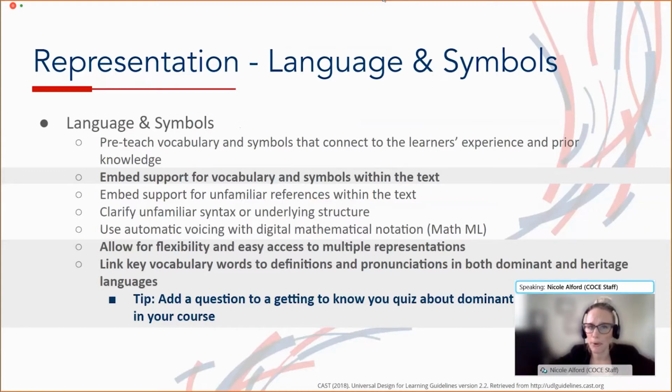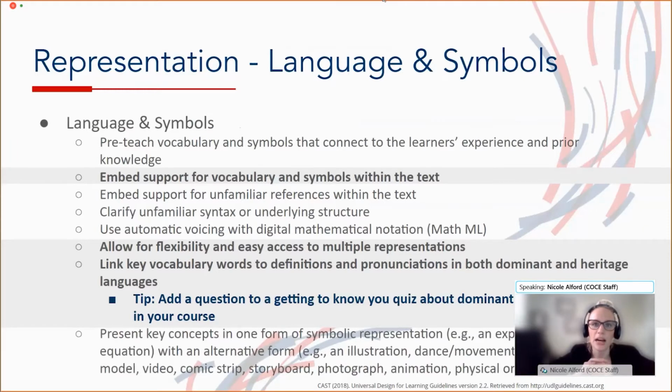Also, Michelle Pacansky-Brock has a really great getting to know you survey. You can ask students about their dominant languages and say, what are you most comfortable in? And then adjust the materials and see how to best teach that student what the goals of the course are. So that might just be a fun way to modify your content and engage your learners at the same time.